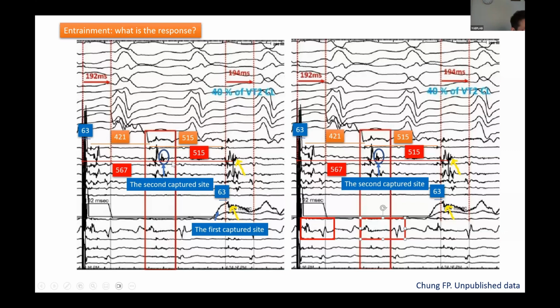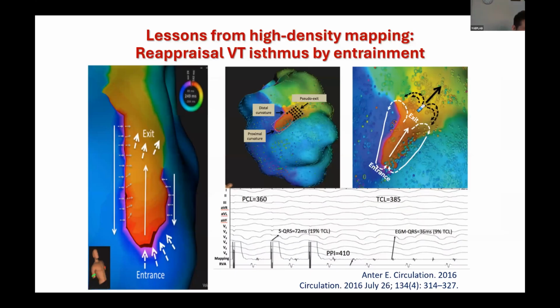So it will make this electrogram very chaotic. Even though the local electrogram looks very perfect, some of these signals belong to the outer loop, some to the adjacent bystander, and some to the near field signals. Entrainment is good, and we always consider entrainment to be the gold standard for identifying whether this is the true site to target.